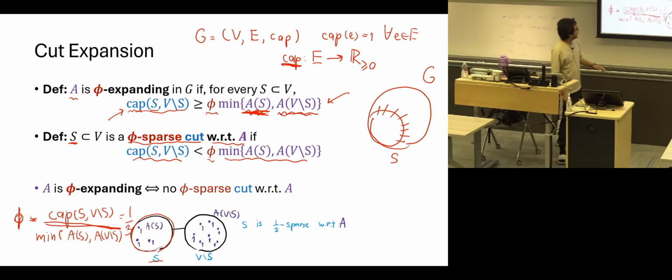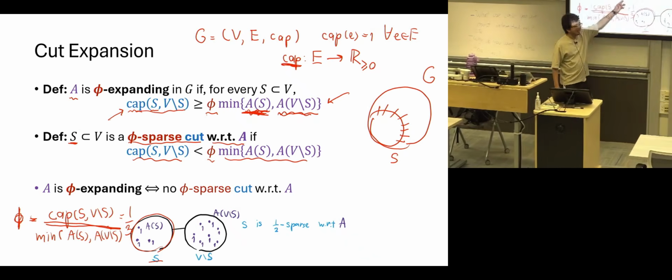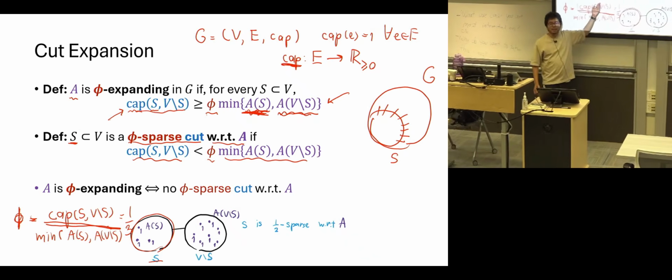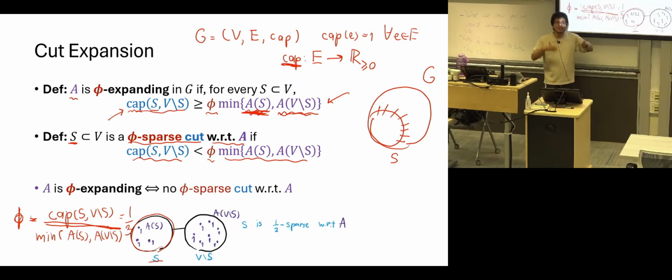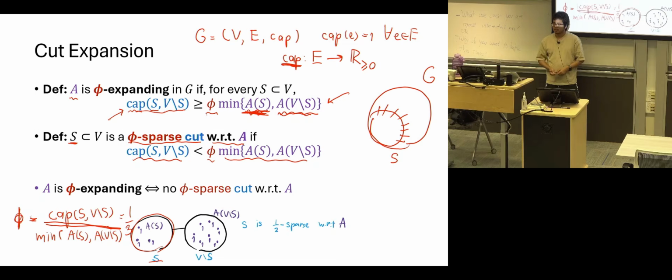Yeah. And if I say that A is phi expanding, and you think of phi as something big, close to 1, then it means that no matter where you try to separate A, you need to spend a lot of effort to separate it. That's the intuition to have in mind.